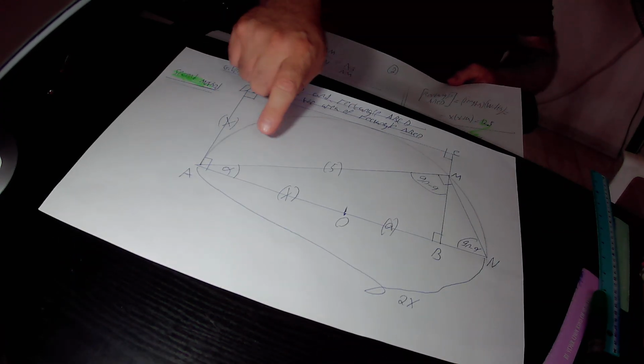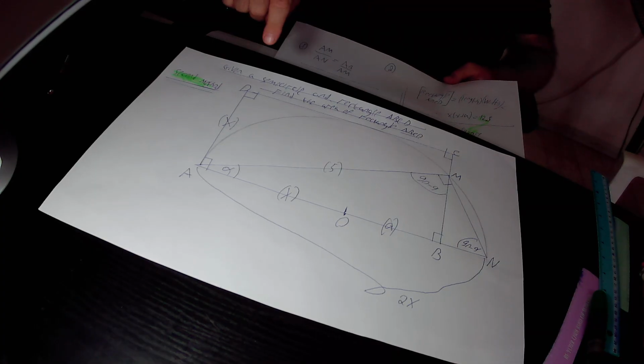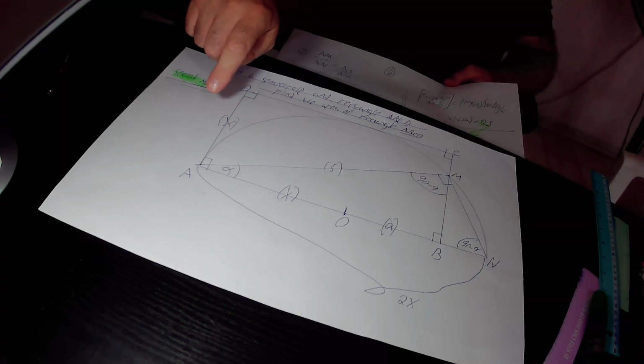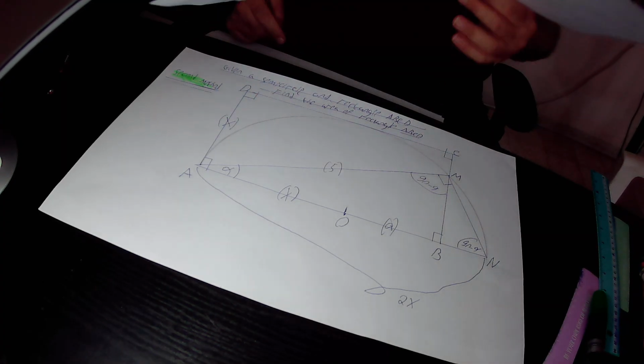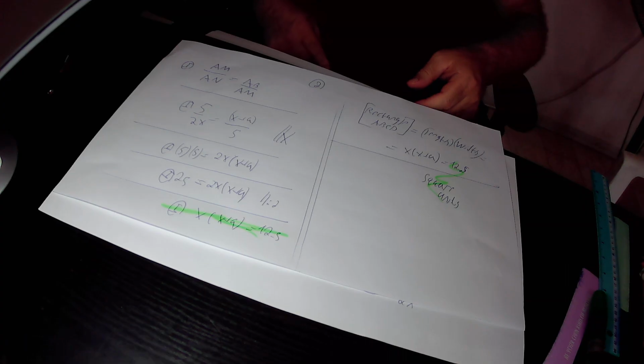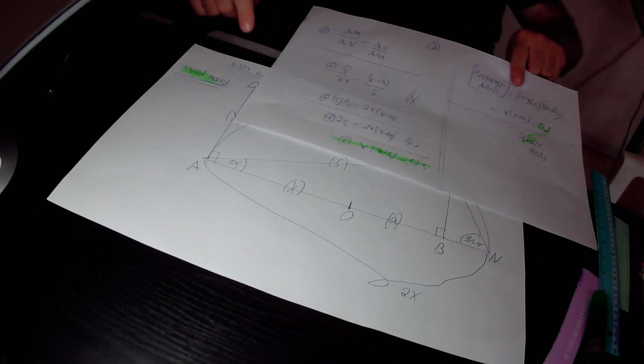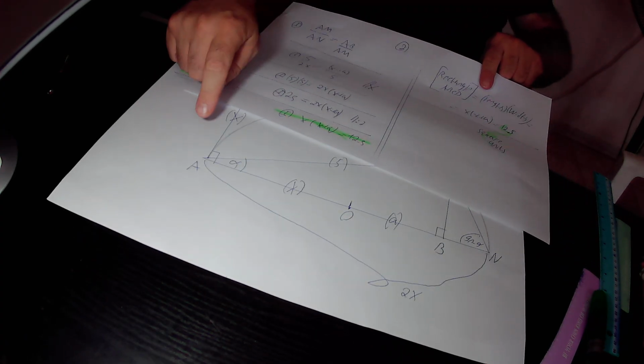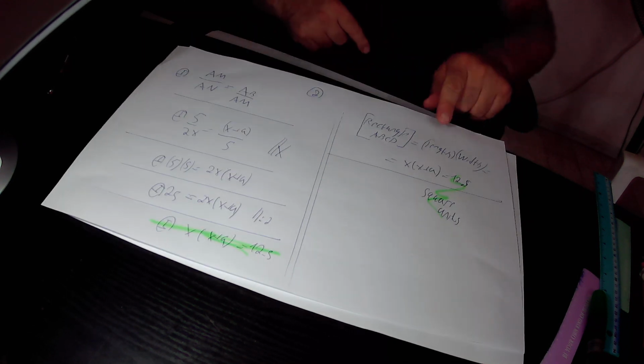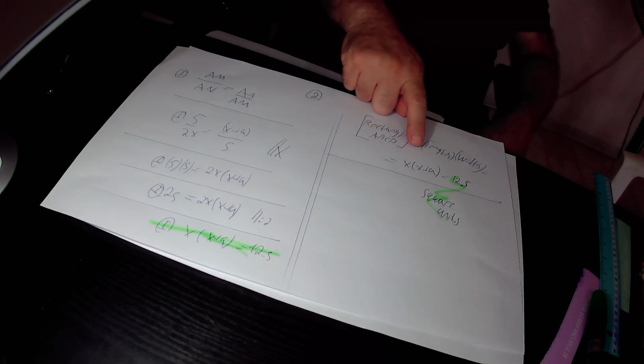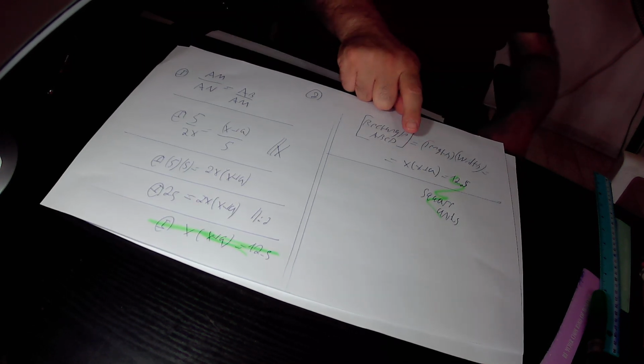The length is AB, the width is DA, and therefore the area of rectangle ABCD equals DA times AB. DA is x and AB is x plus a, so in total the area of the rectangle ABCD equals x times x plus a.